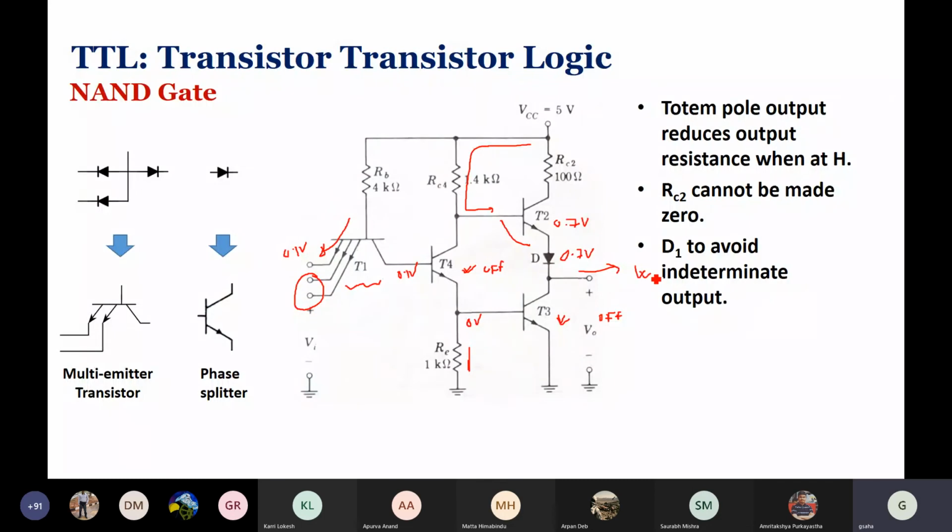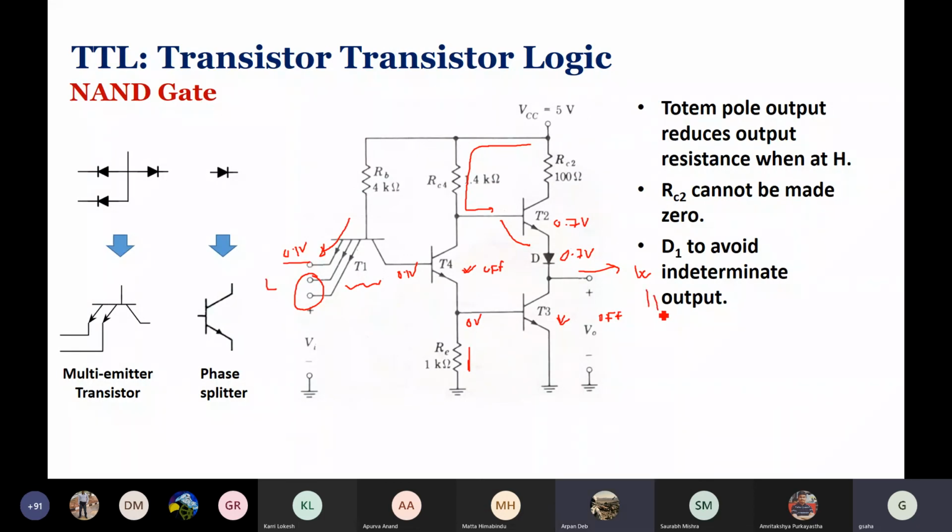Or if you take it this way, 5 minus whatever drop minus this drop will occur at the output, which will be around 3.6 volt or some such thing, which we can calculate later. But that is considered as a logic high, which will appear at the output. So when the input is low, the output is high.